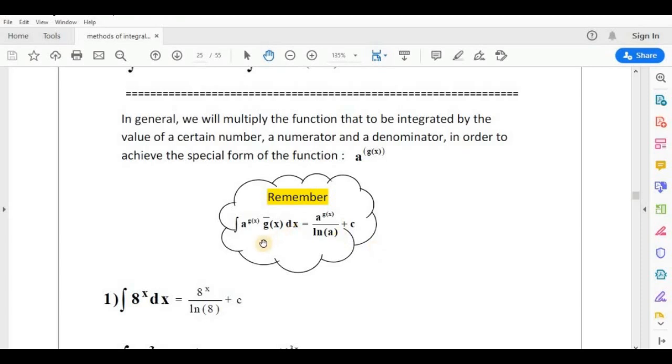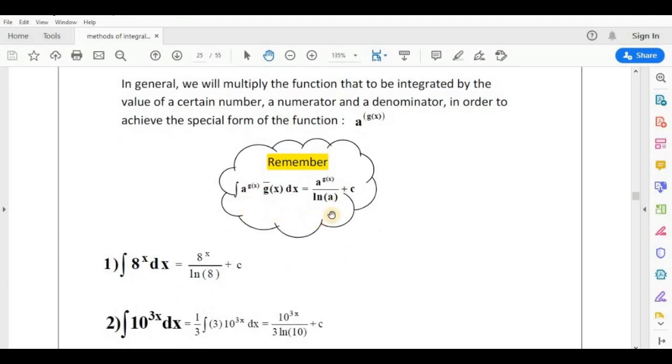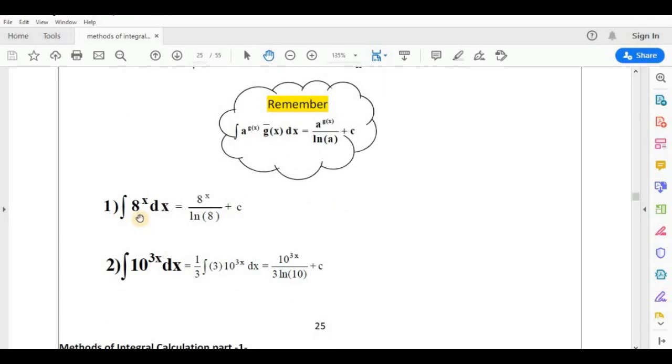So we need to put the integral in this form so we can get the result of this integral for this type of function. What is the derivative of this x? It will be 1. So it is already in the special form for the integral. We keep it as it is, divided by ln a. It will be ln 8 plus the constant.